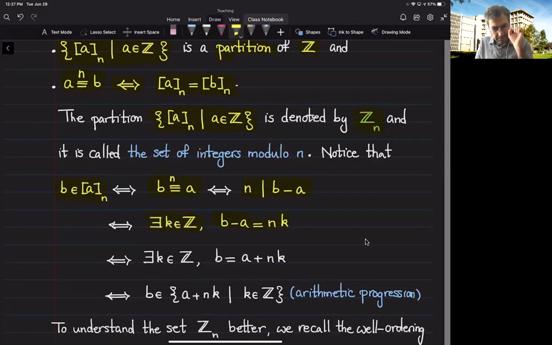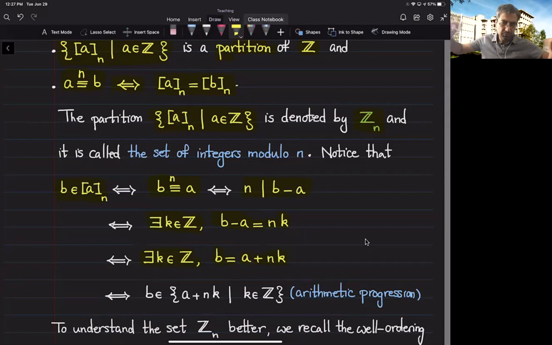So because I'm interested in B, let's put negative A on the other side. That means that B is of the form A plus nk. So B belongs to this mod n residue class if and only if B is in this arithmetic progression, having A in it with increment n.